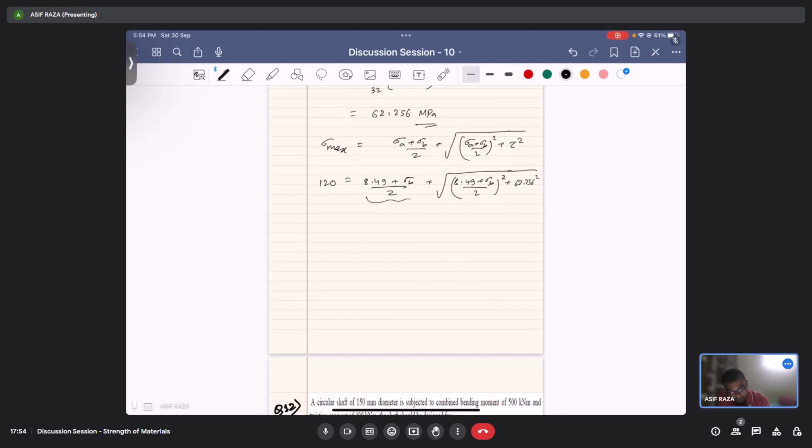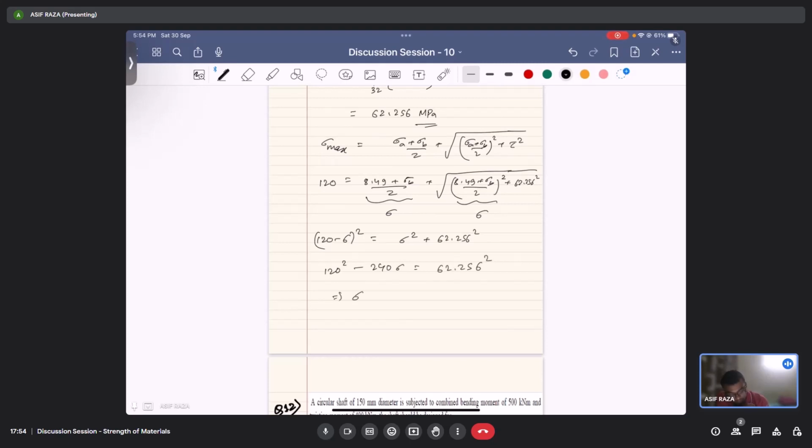So if I write this thing as sigma as of now, I can write (120 minus sigma) whole square equal to sigma square plus 62.256 whole square. This would be equal to 120 square minus 240 sigma equal to 62.256 square.